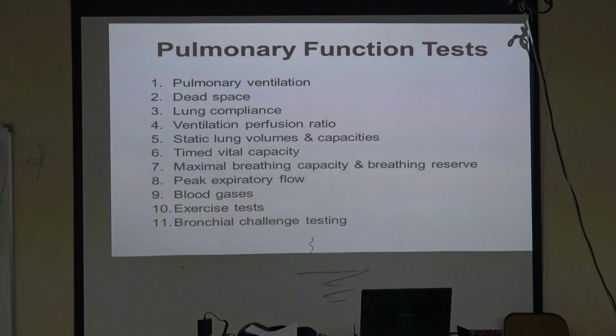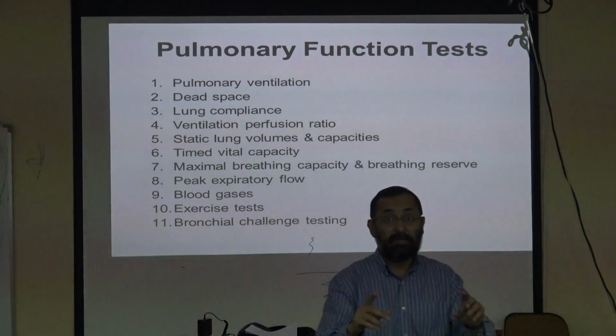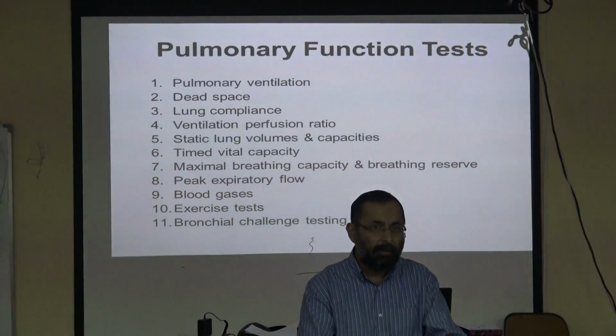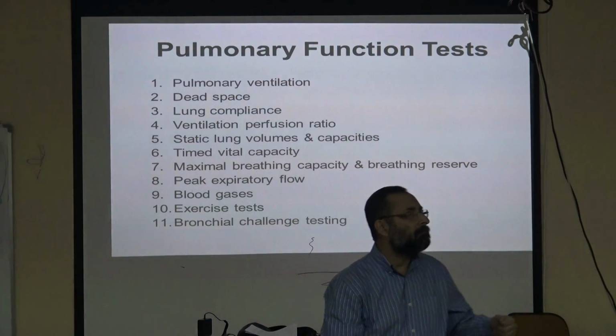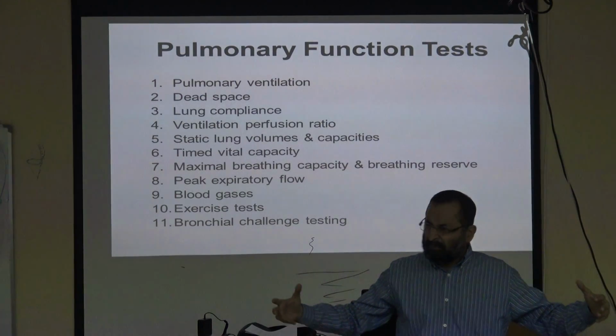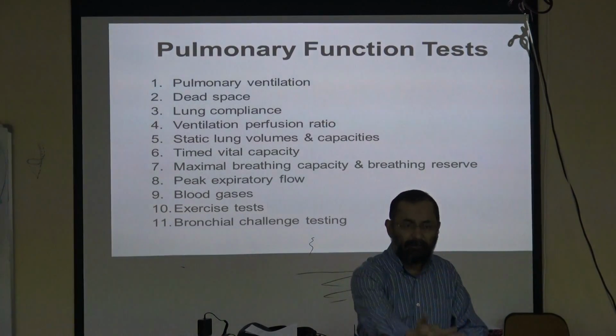Blood gases. Wow, that's a very, very important thing. When I say blood gases, what gases are coming in your mind? Oxygen. Measurement of oxygen and carbon dioxide. This is a very special test done in serious patients who are undergoing end stages of diseases like COPD or asthma or any other very serious disease of the respiratory system which is going towards the failure of the system.